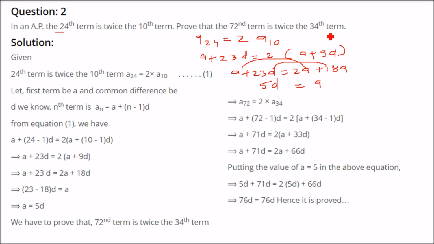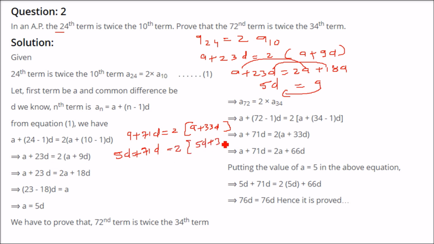We have to prove that the 72nd term is twice the 34th term. So what is the 72nd term? a plus 71d. We have to prove that it is twice the 34th term, so a plus 33d. Now we will try to show that this holds if we put a equal to 5d. So let us put a equal to 5d plus 71d.